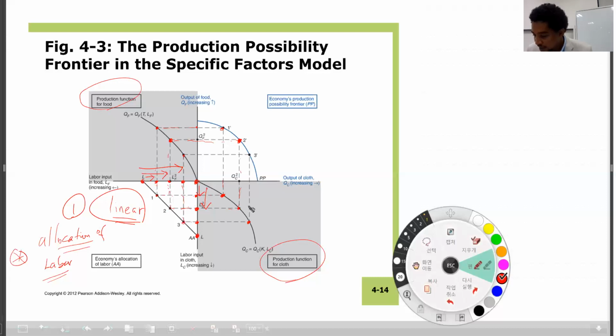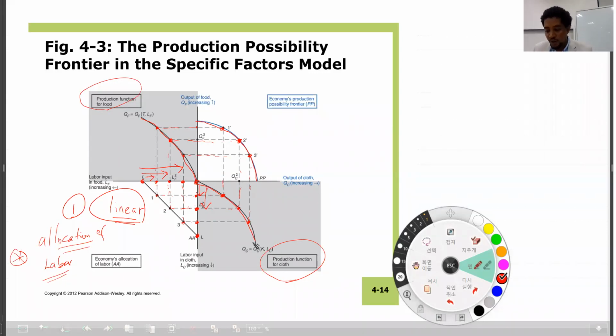Then this goes to this point, and this goes to this point, goes to here. So finally, when you draw the production possibility frontier like this, this is the production function for food, and this is the production function for clothes.